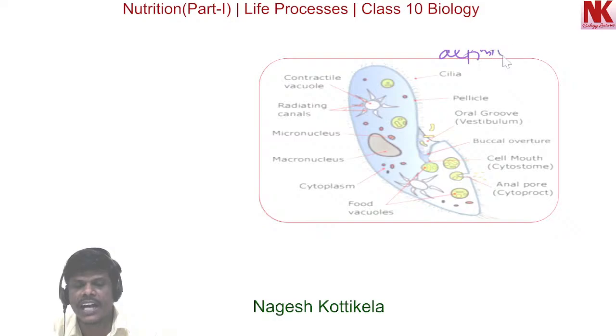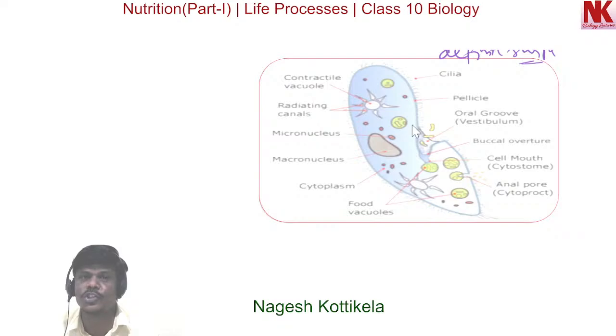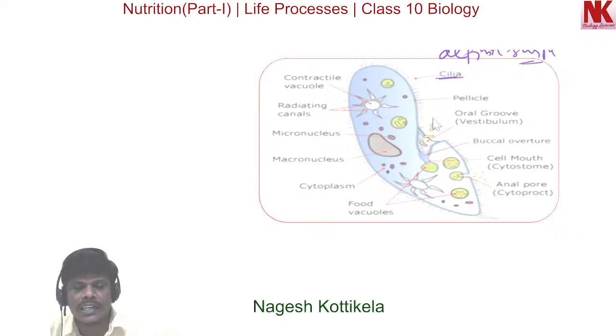Because of this definite shape, the food is ingested into this organism through a particular site. You can see the cilia, tiny hair-like structures, surrounding this cell. When these cilia move, the food particle is transferred to the site of ingestion.